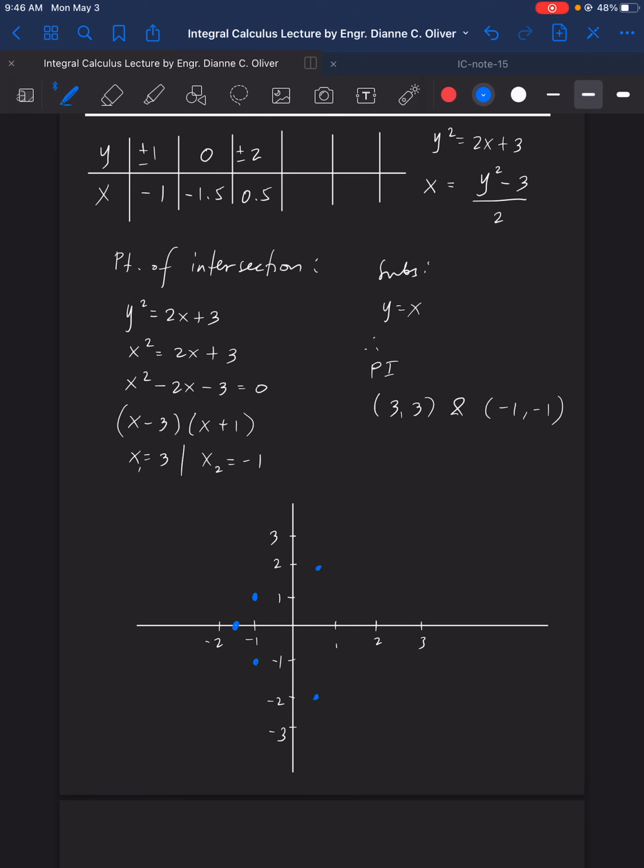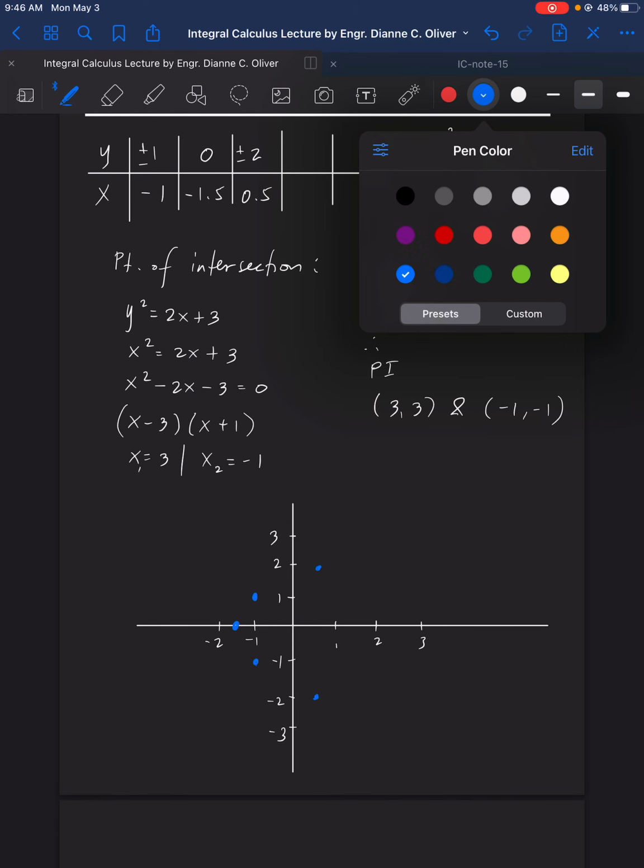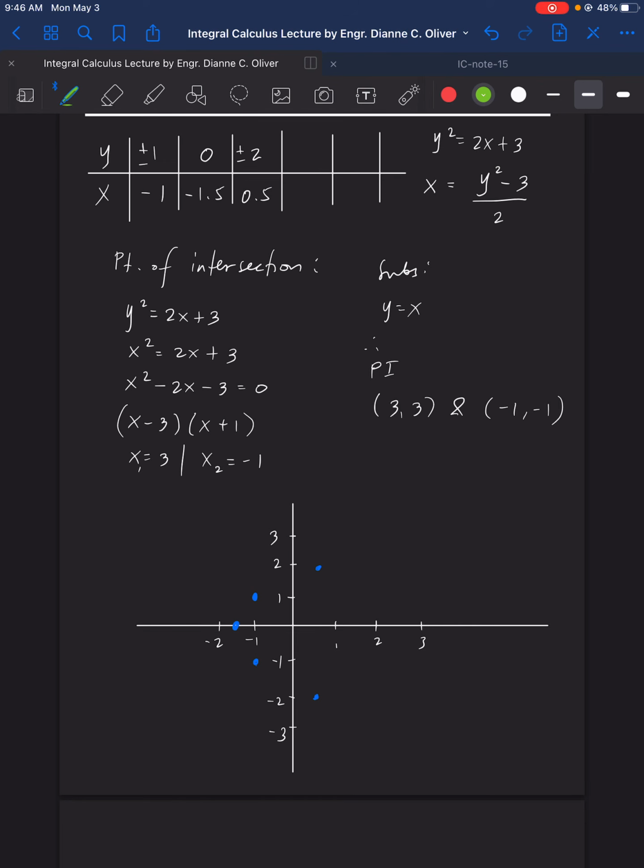Okay, so we have here also the line. The line has the points 3, 3. Then negative 1, negative 1. This point here.